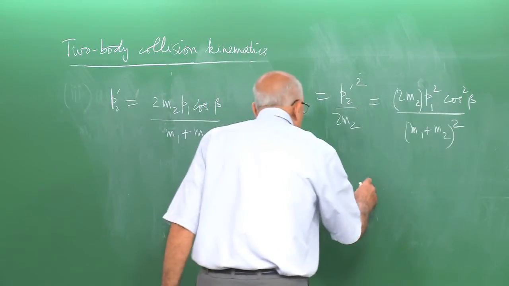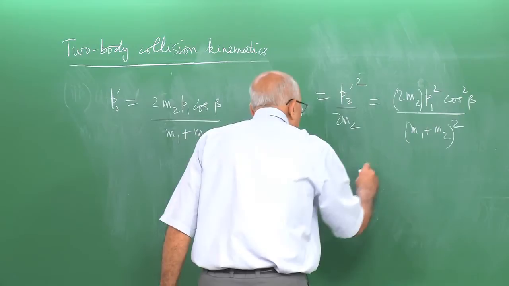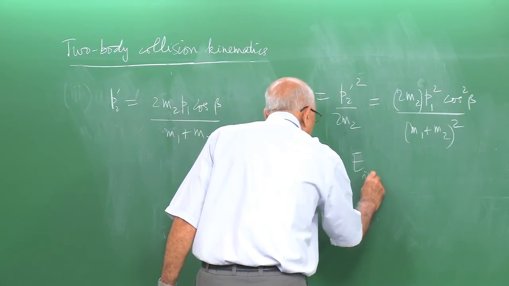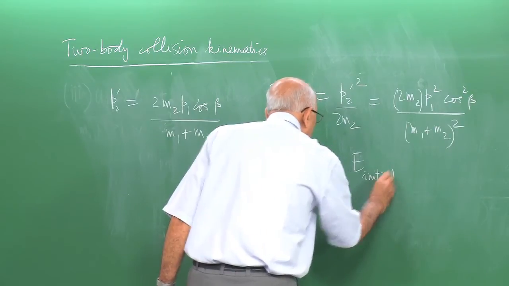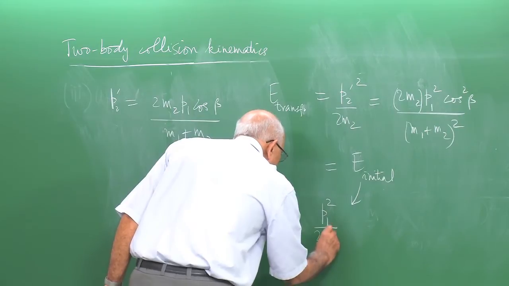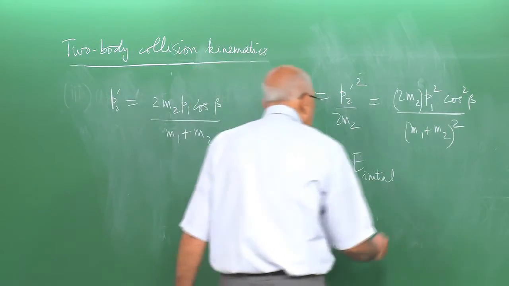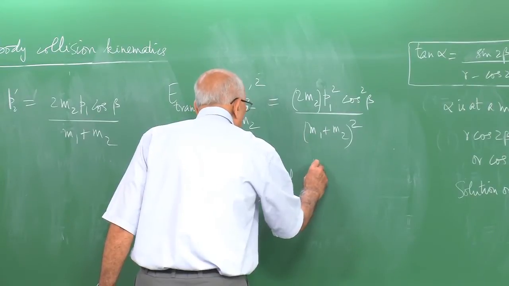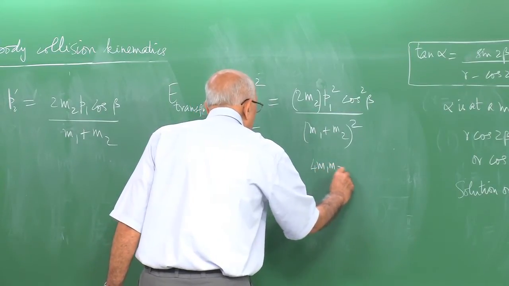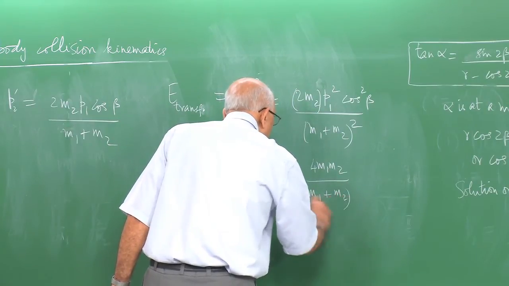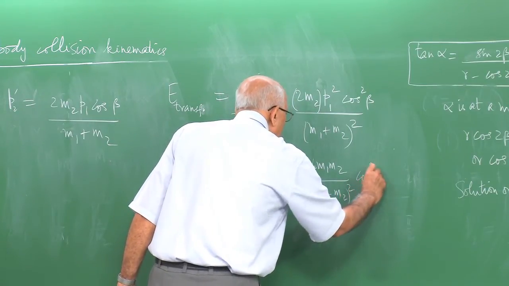Now if I multiply and divide by 2m1, this is 4 E initial, which is of course P1 squared over 2m1, multiplied by 4m1 m2 over m1 plus m2 the whole squared, multiplied by cos squared beta.